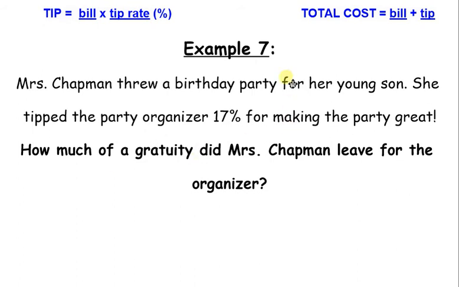Miss Chapman threw a birthday party for her young son. She tipped the party organizer 17% for making the party great. How much of a gratuity did Miss Chapman leave for the organizer? So I just realized that I did not put an amount in here. So let's see.